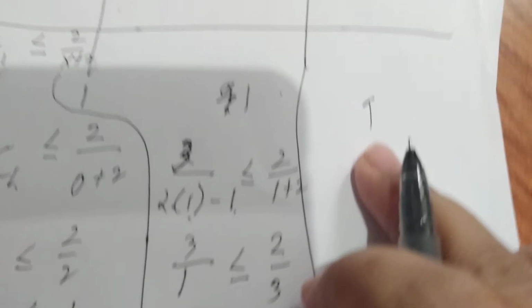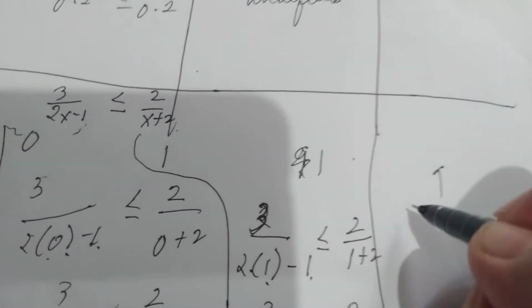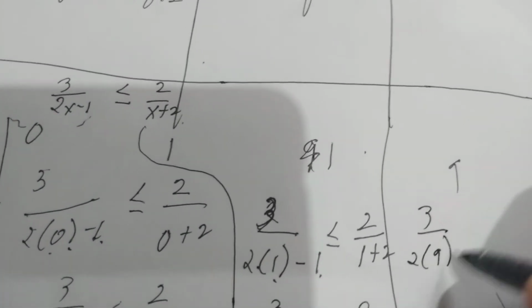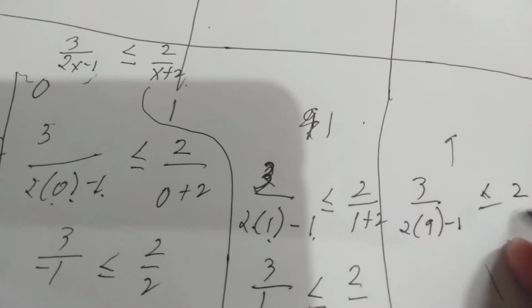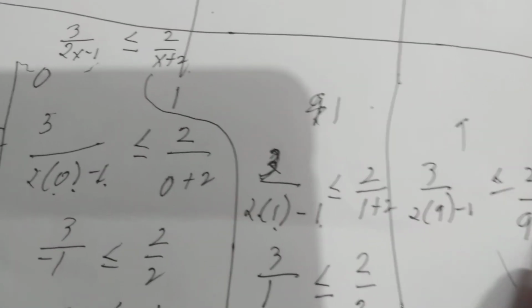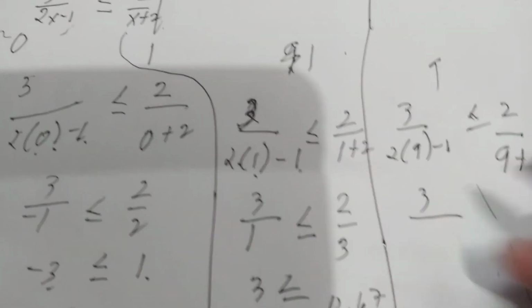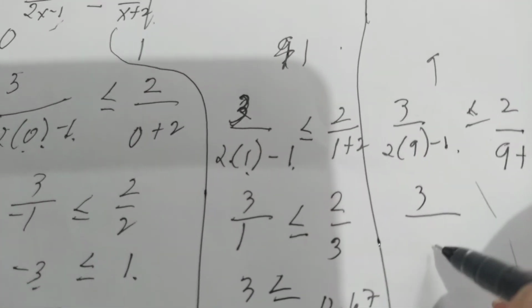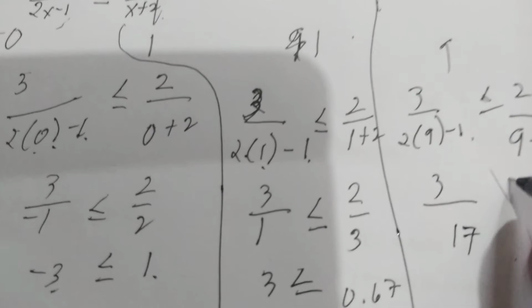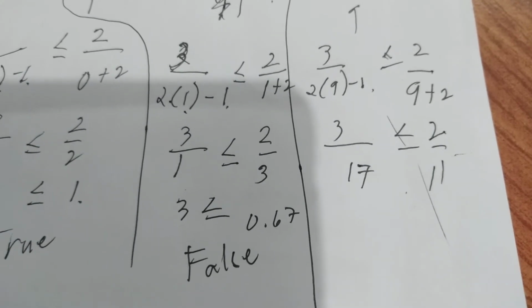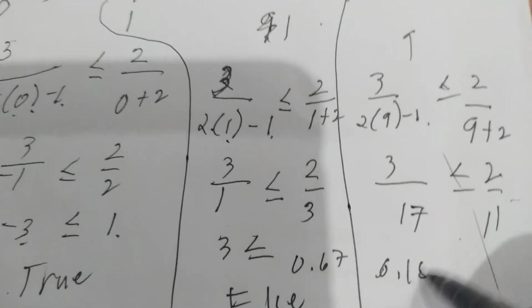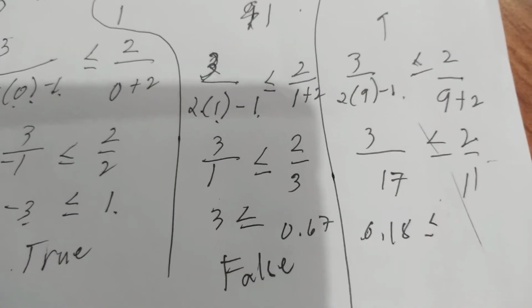Let's try the last test value, 9. So, that will be 3 over 2 times 9 minus 1 is less than or equal to 2 over 9 plus 2. So, 3 over 2 times 9 is 18 minus 1, 17, is less than or equal to 2 over 11. So, divide natin, 3 divided by 17 is 0.18 is less than or equal to 2 divided by 11, that is 0.18.